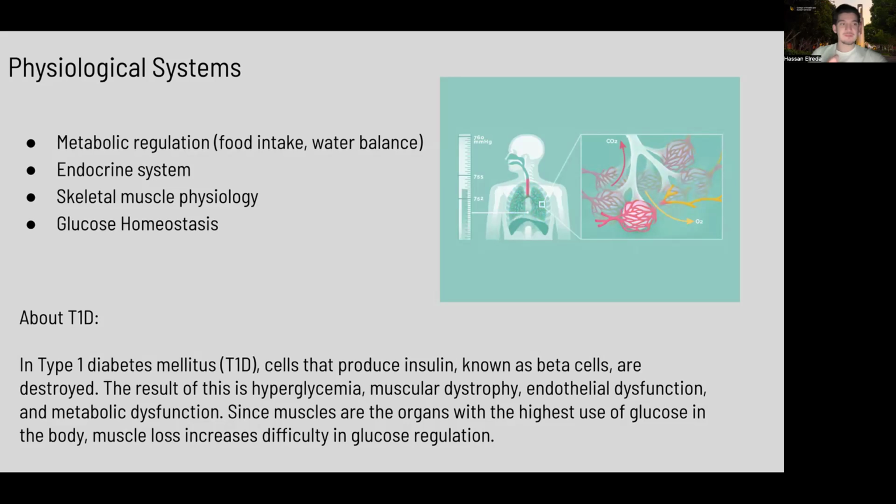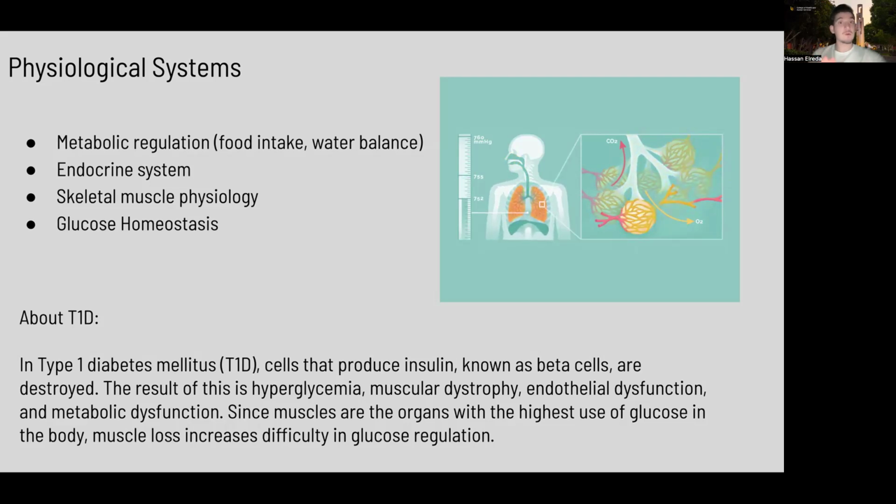Since skeletal muscle is the main tissue responsible for glucose uptake, losing muscle mass makes blood sugar regulation even worse. Myostatin is a protein that limits muscle growth, and it's elevated in T1D, which contributes to muscle wasting.